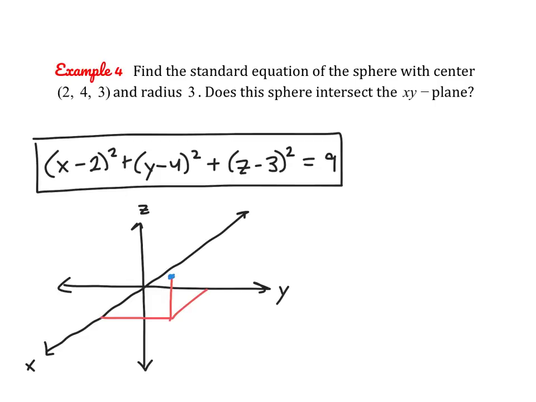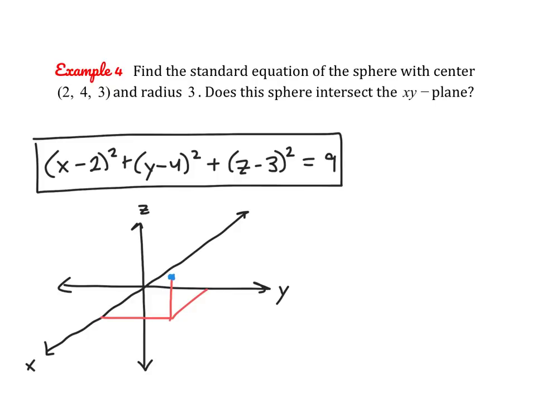So this is the center of our sphere. Now, notice they want us to find if it intersects with this xy plane. Well, if you think about it, the center of our sphere falls 3 units above the xy plane. It's literally 3 units up from this intersection. And our radius is 3.